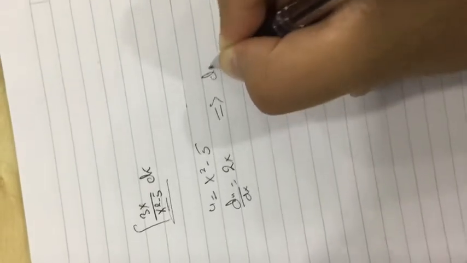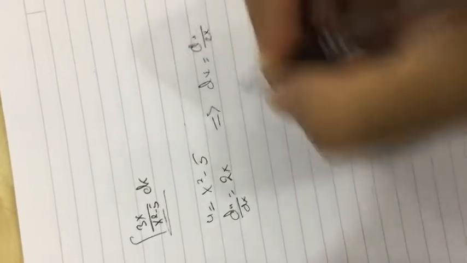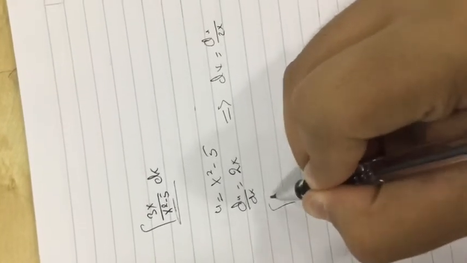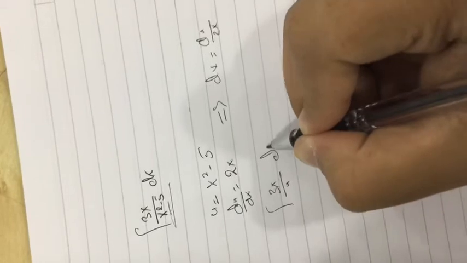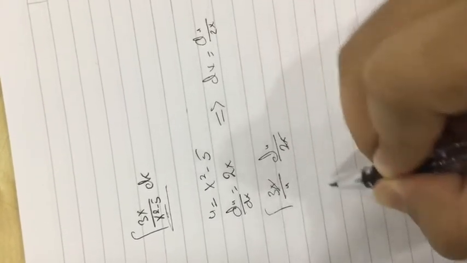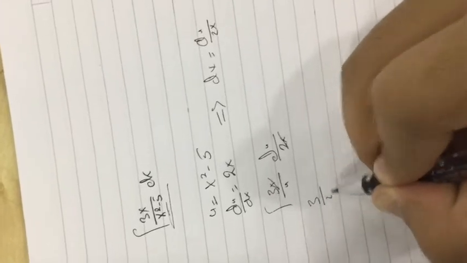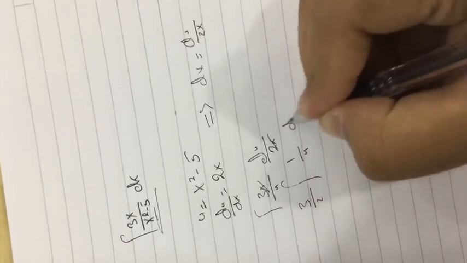From here we get dx equal to du over 2x. Then we substitute 3x over u, and here du over 2x. x goes with x. Here 3 over 2 out, and here 1 over u du.